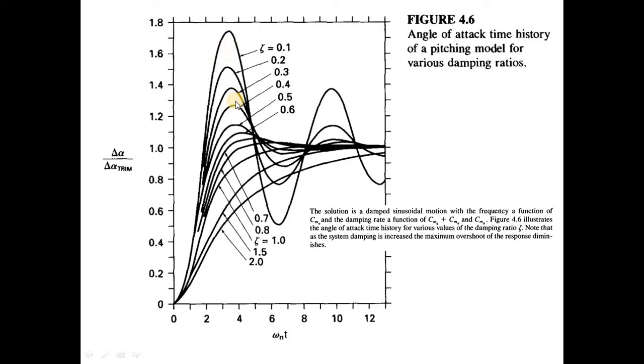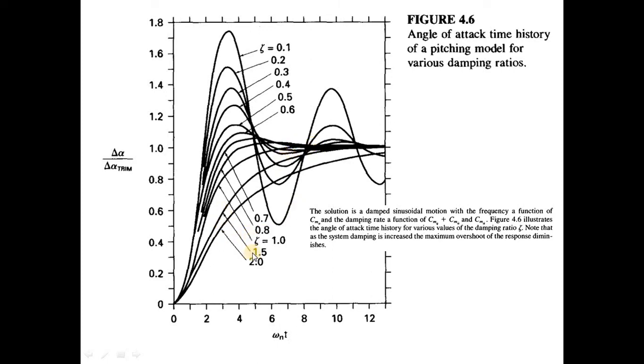As you increase the damping ratio, the overshoot becomes less and less. If your damping ratio is around 0.7, your overshoot will be around 2 to 5%. At damping ratio 0.8, your overshoot may be close to zero.